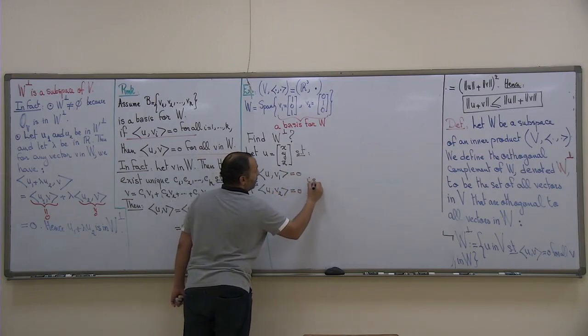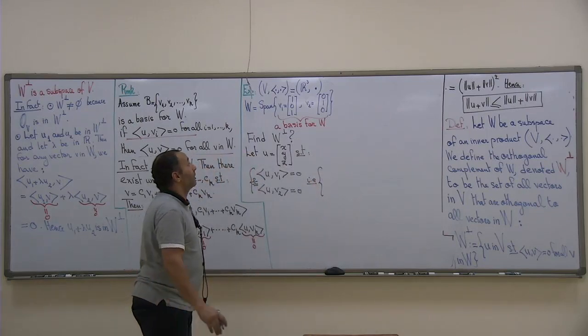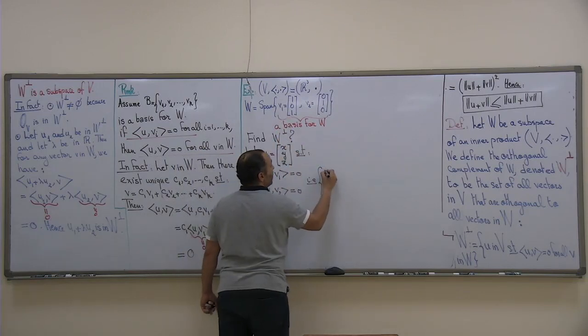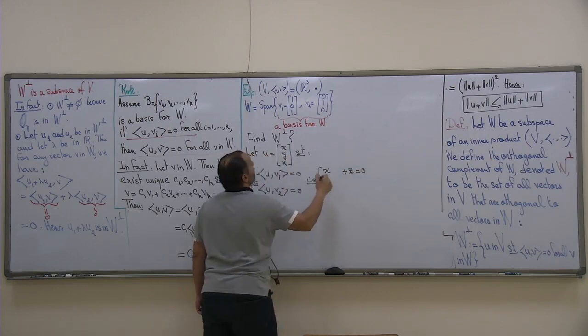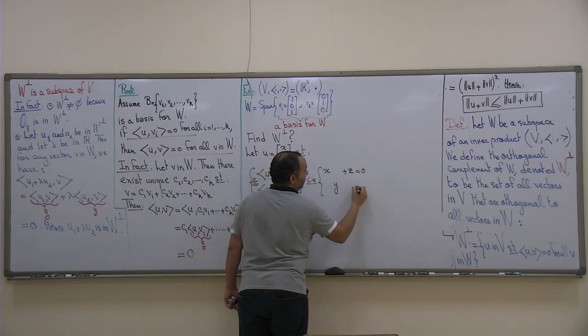This is equivalent to, using the usual dot product of R3: the dot product of U with V1 gives X plus Z equal to 0, and the dot product of U with V2 gives Y equal to 0.